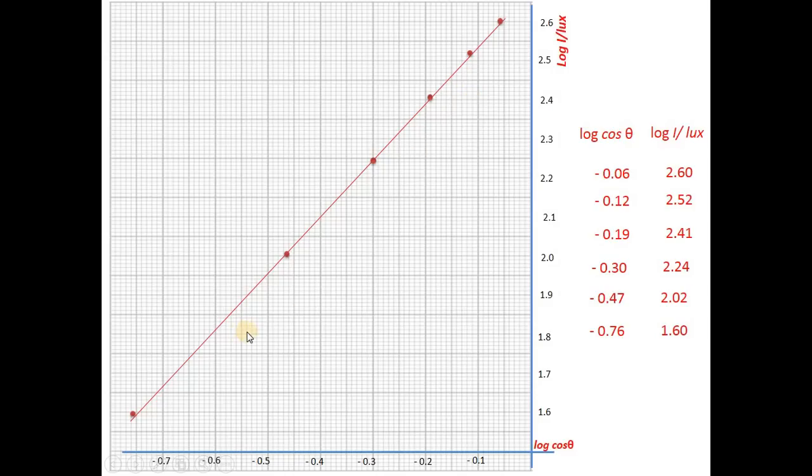This is the line of best fit, and then for n we need to find the gradient. From that equation, n is the gradient of that line. For the gradient you need to choose 2 points on the line.